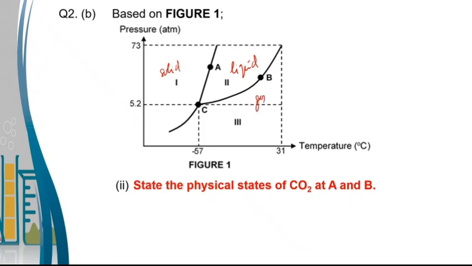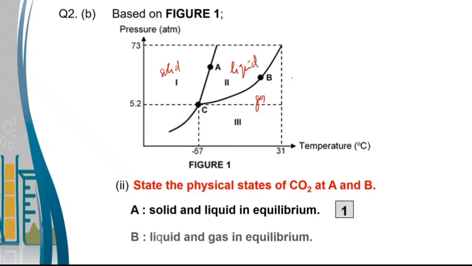Therefore, there are two phases for each point, but they exist in equilibrium. As for point A, solid and liquid exist in equilibrium. As for point B, liquid and gas exist in equilibrium.